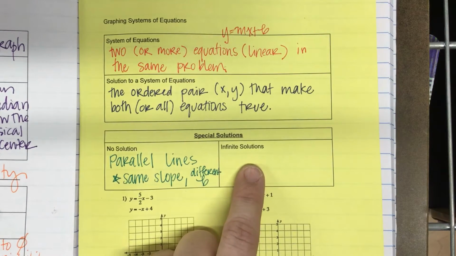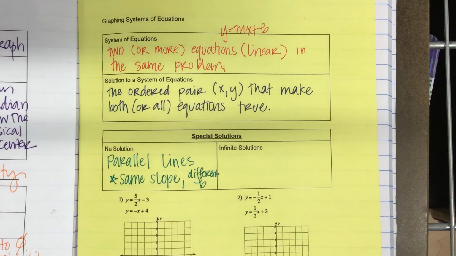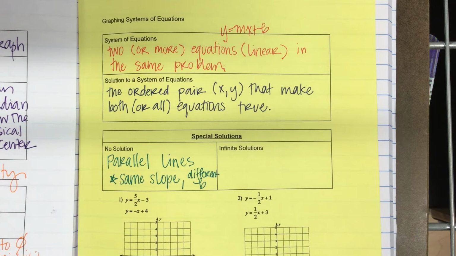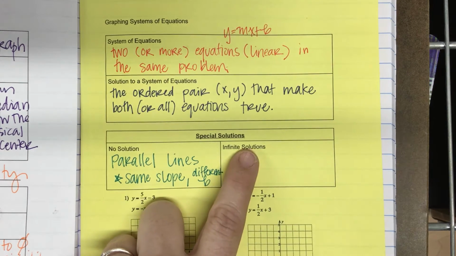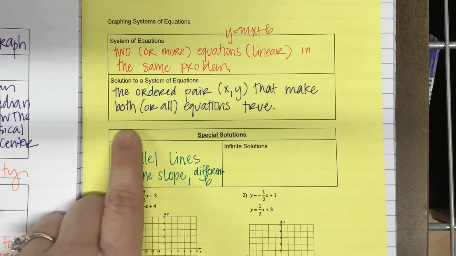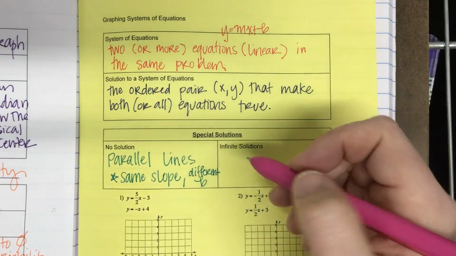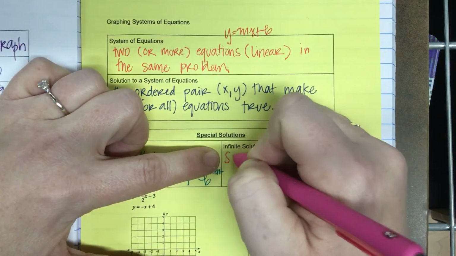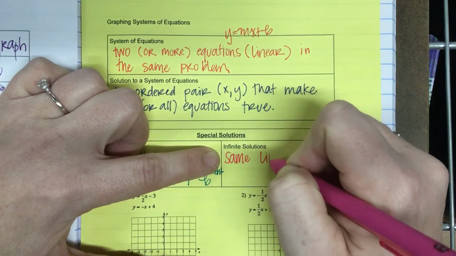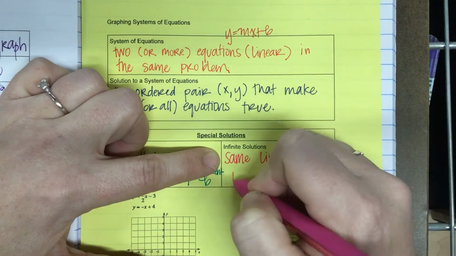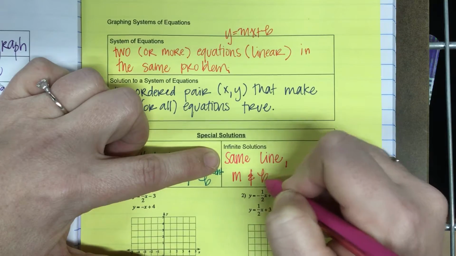Infinite solutions are going to be lines that have exactly the same, so multiple, right? Multiple ordered pairs in common. So parallel lines have no solution because they'll never intersect. Infinite solutions are the same line, meaning the m and the b are the same.